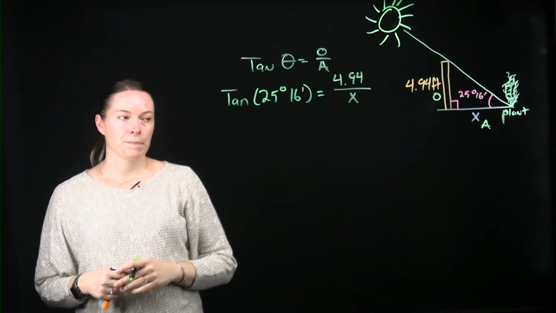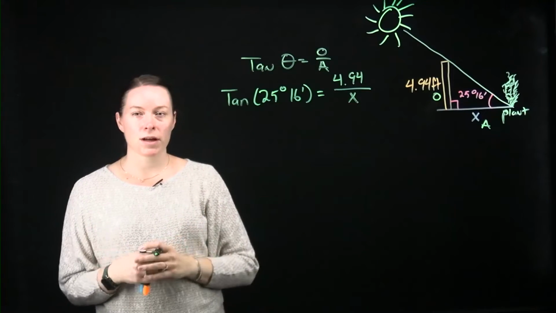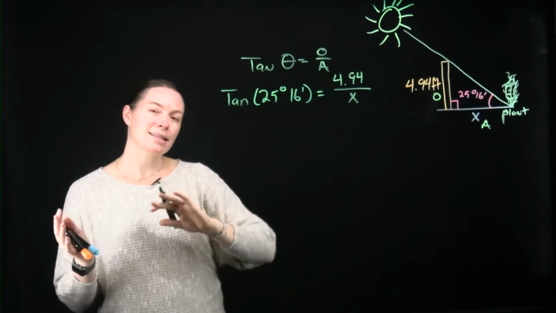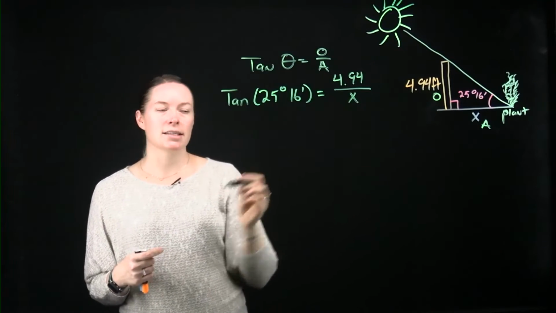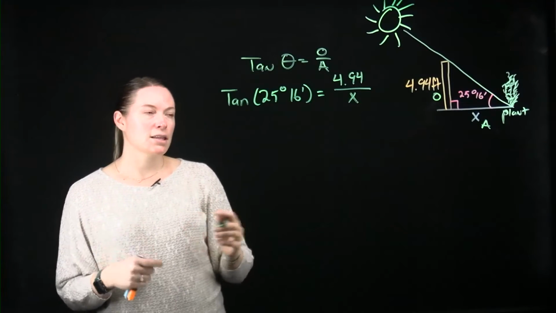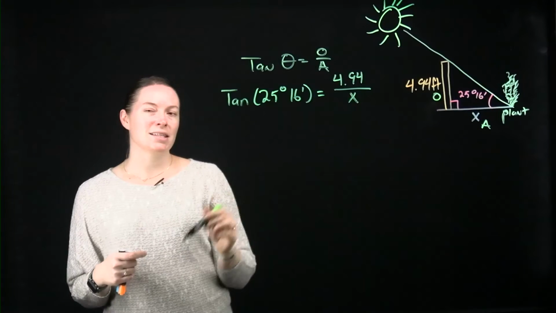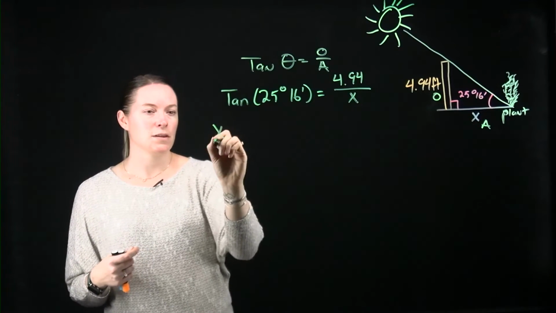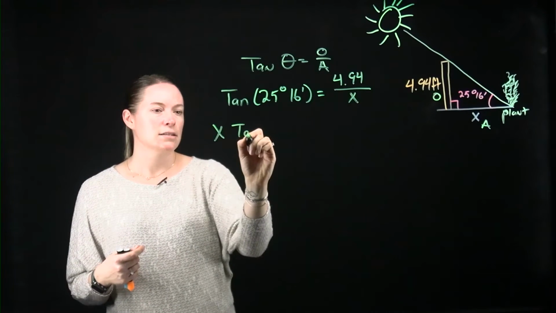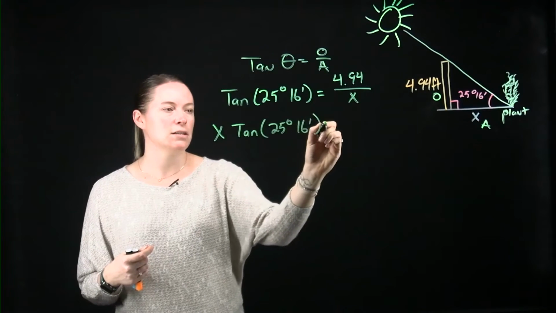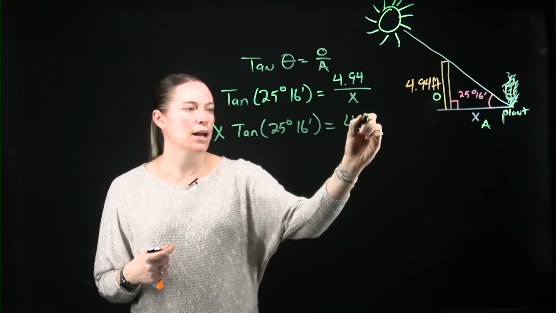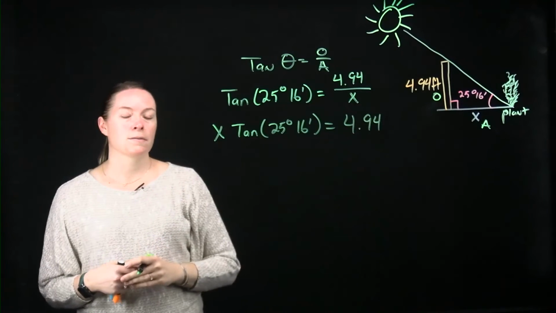That's going to be equal to the opposite, which is 4.94, divided by x, which is the adjacent side length. Before I do any calculation or put anything in my calculator, I like to get the algebra out of the way first. So I'm going to try to isolate this x. I'll multiply both sides by x, so I end up with x times tangent of 25 degrees and 16 minutes equal to 4.94.